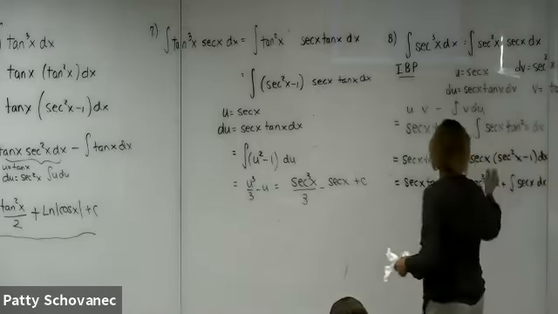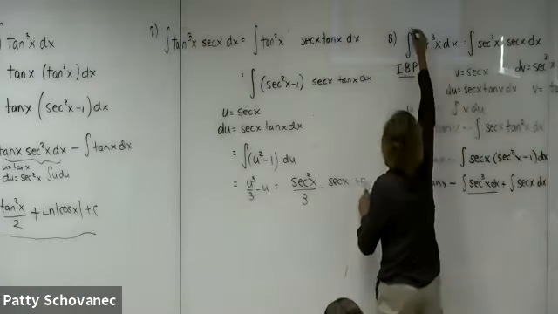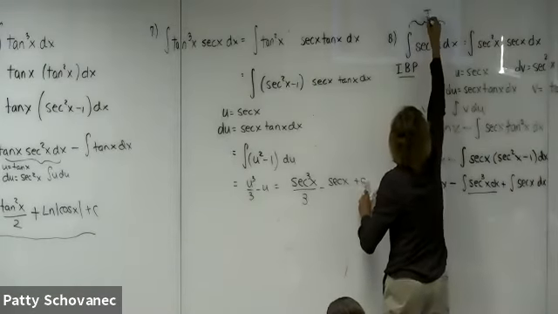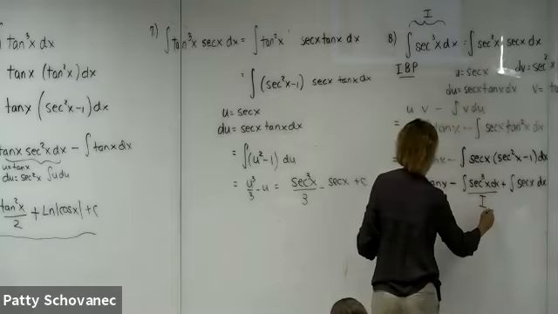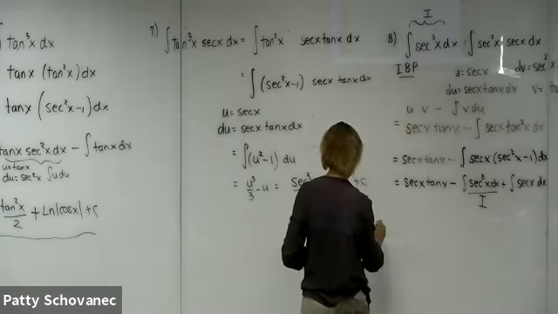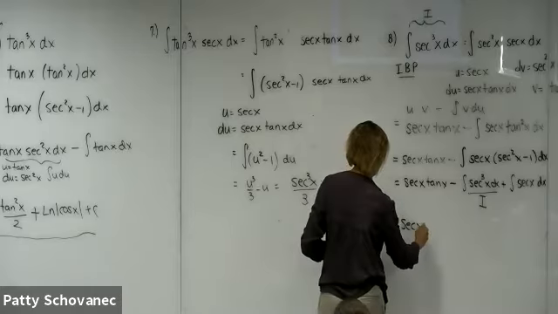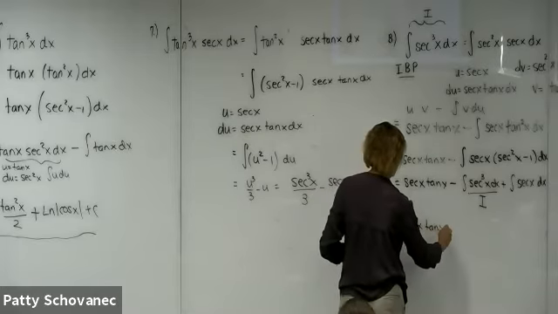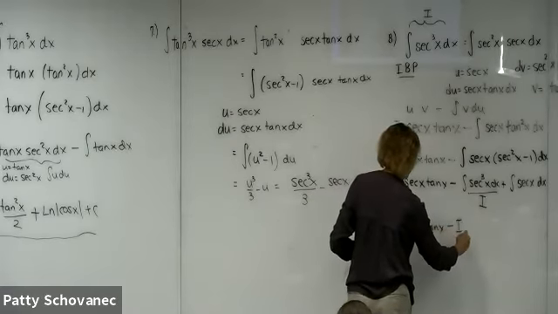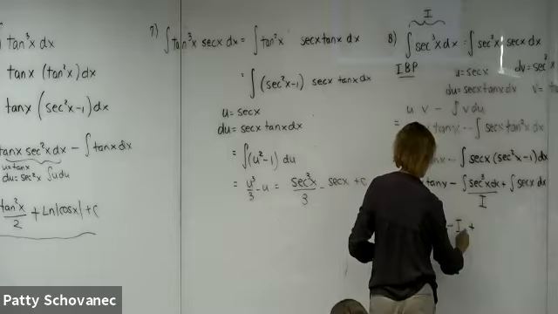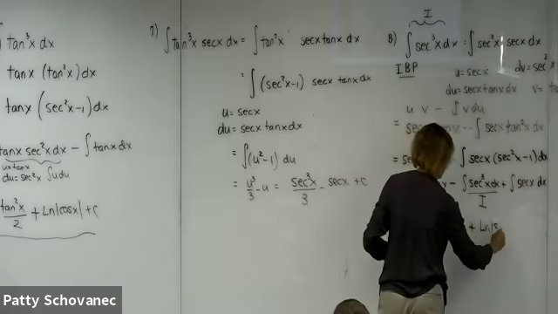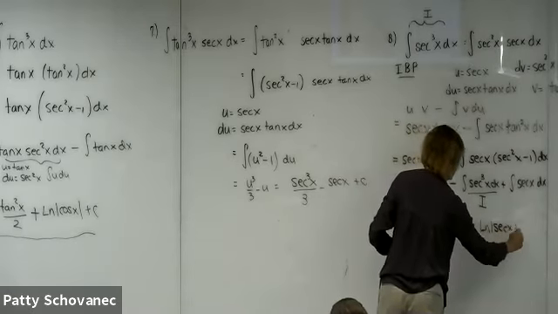Okay, this is the integral that we started with. I'm gonna go ahead and integrate that. So I have the integral over here. I have the secant of x, tangent of x here, minus the integral there. And then we said the integral of the secant was the natural log of the secant of x plus the tangent of x.